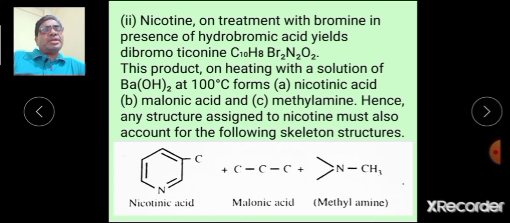This product on heating with barium hydroxide solution at 100 degrees centigrade forms nicotinic acid, malonic acid and methylamine. Hence, any structure assigned to nicotine must also account for the following skeleton: nicotinic acid, malonic acid, methylamine.